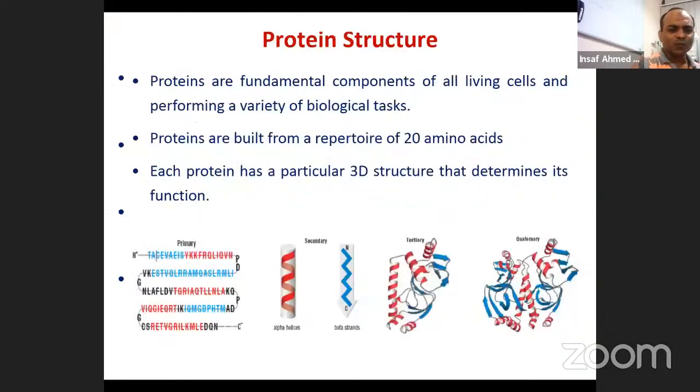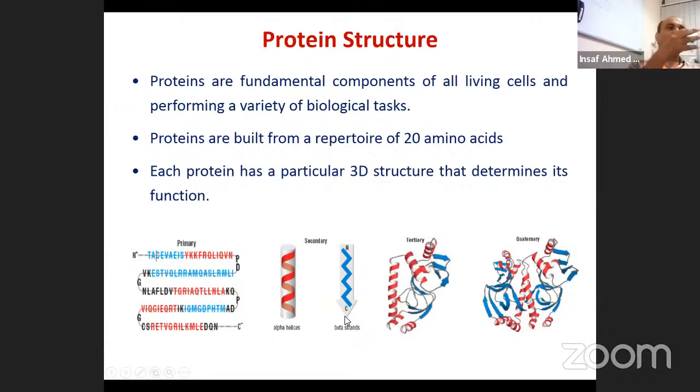So why do we have to know about the protein structure? First the question comes, what is the hierarchy? If you see, just now I mentioned, when you are talking about the amino acid sequence, that is your primary structure. When you are talking about the secondary structure, like alpha helices and beta sheets, that makes your secondary structure.